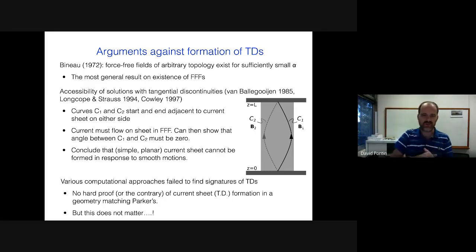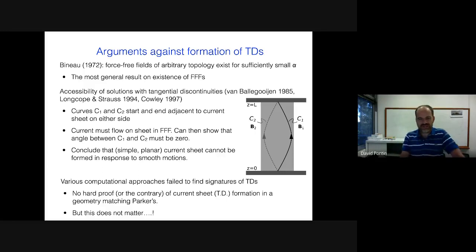So that's at z equals 0 and z equals L. And then because the current has to flow on the sheet in a force-free field, you can go through some algebra to show that basically the angle between those field lines, C1 and C2, has to be 0 all along the length of the sheet. Or in other words, that's a contradiction of the fact that there's actually a sheet there in the first place.